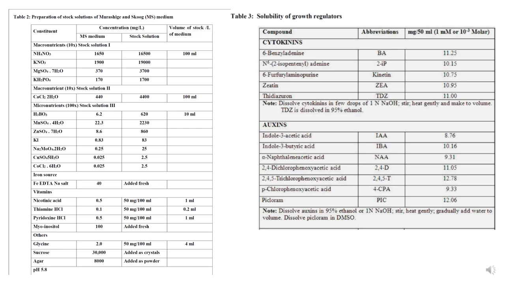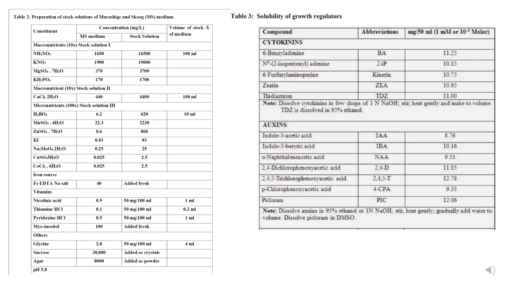So as you can see here, what are the cytokinins? BAP is 6-benzyl adenine, 2IP, kinetin, zeatin, and TDZ. We know that the first four cytokinins we can dissolve in water, and TDZ is dissolved in ethanol, and accordingly, according to our requirement, we can add the cytokinins or auxins to our basal medium which we have just prepared.